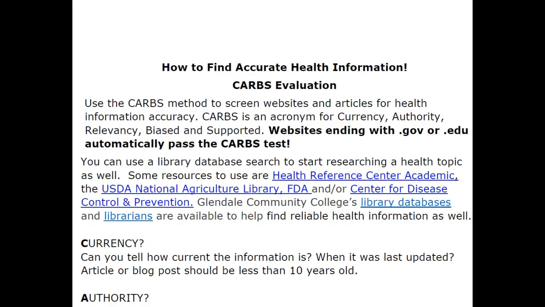A website or an article should pass all 5 criteria. The key criterions, authority and supported by evidence-based science, are the 2 most important.